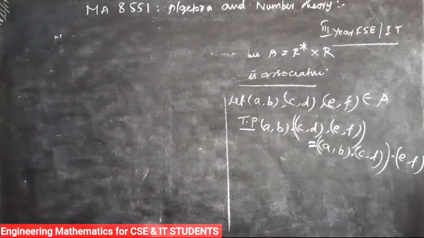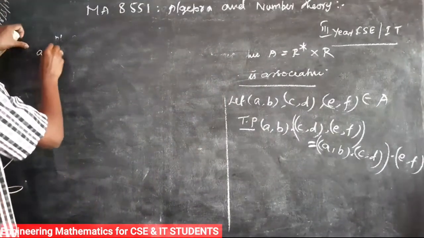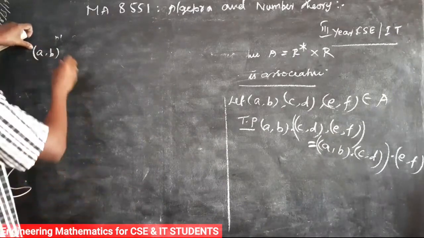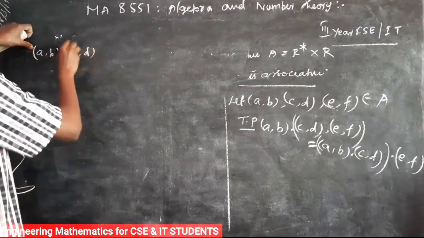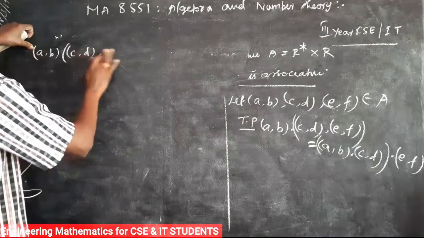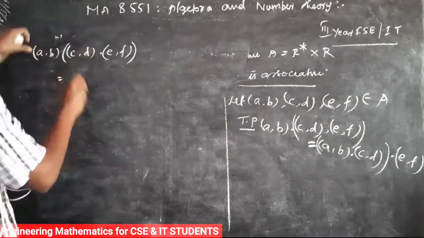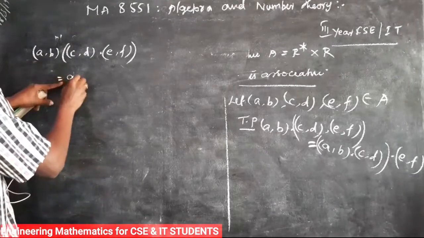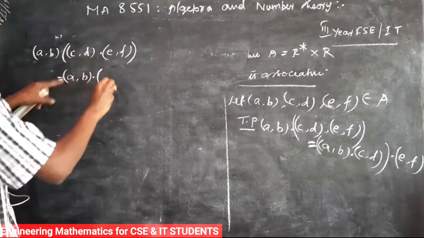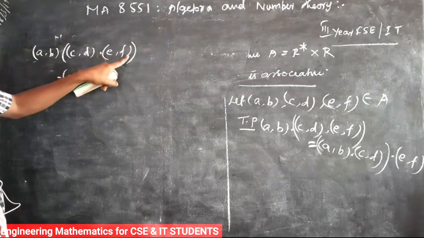We take the LHS value: [(A, B) dot (C, D)] dot (E, F).